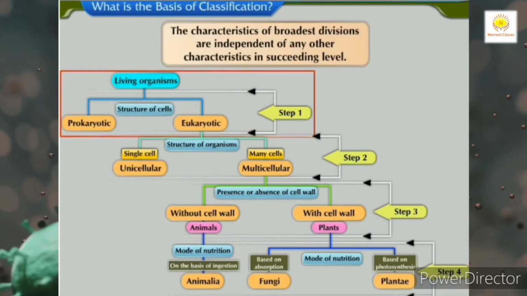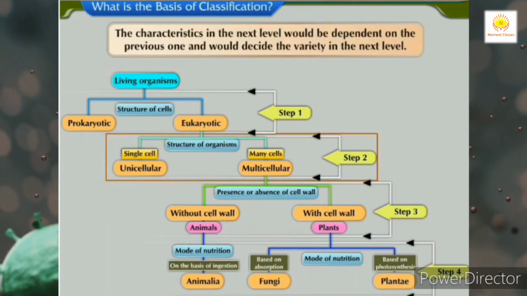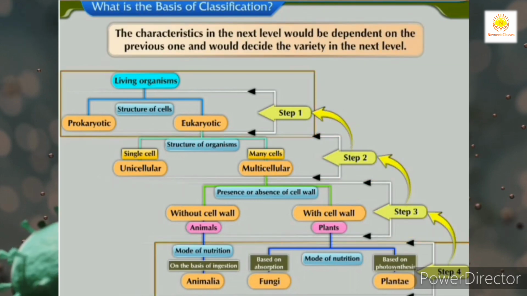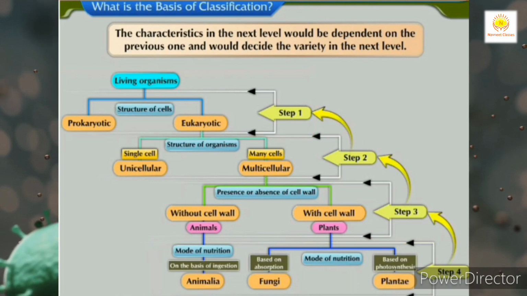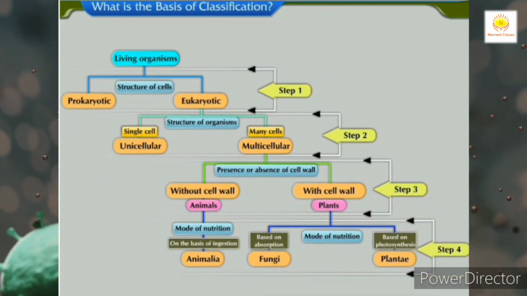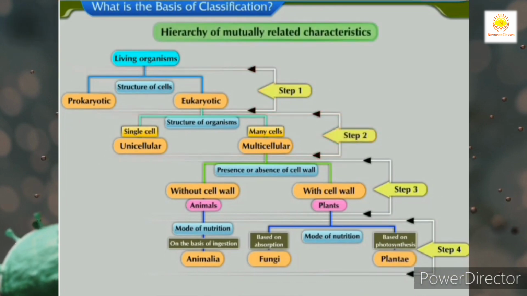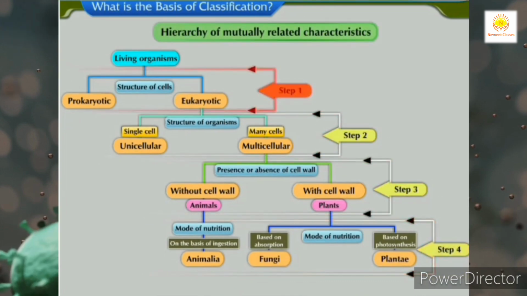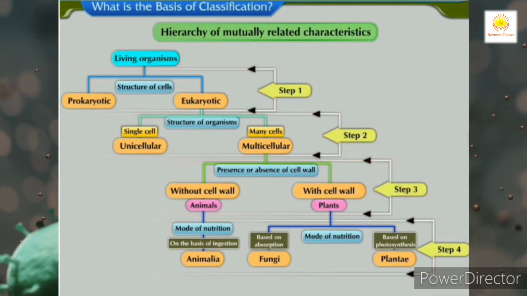The characteristics of broadest divisions are independent of any other characteristics in succeeding level. The characteristics in the next level would be dependent on the previous one and would decide the variety in the next level. In this way, we can build up a whole hierarchy of mutually related characteristics to be used for classification.